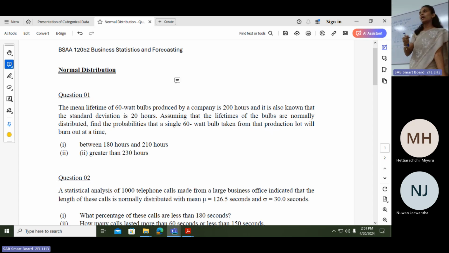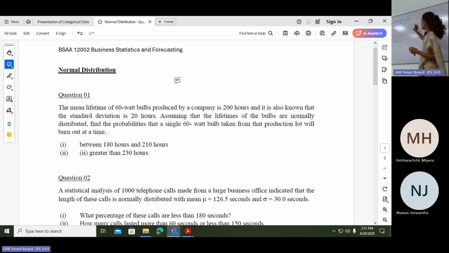Think we study 1000 bulbs. Then we take this probability value and multiply by 1000. How many? 532.8. It means 533.